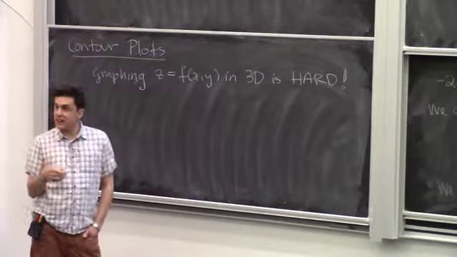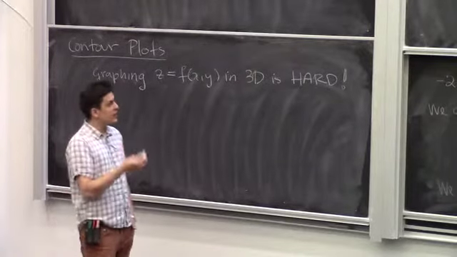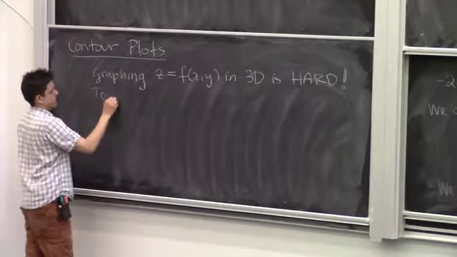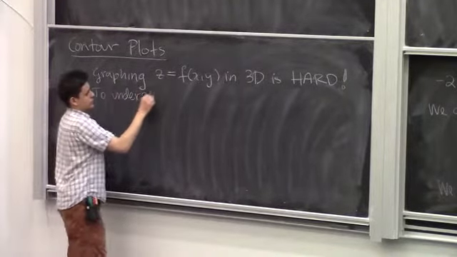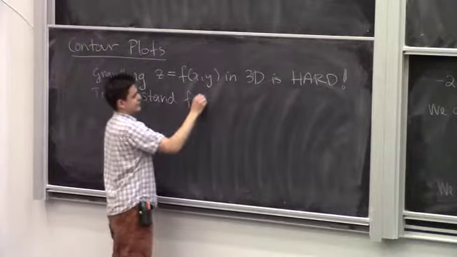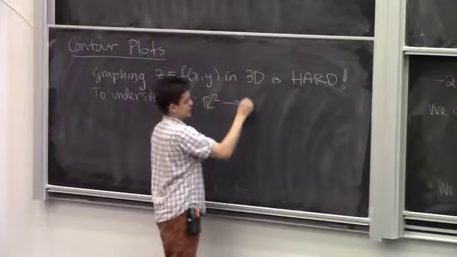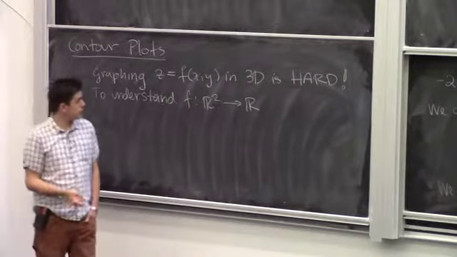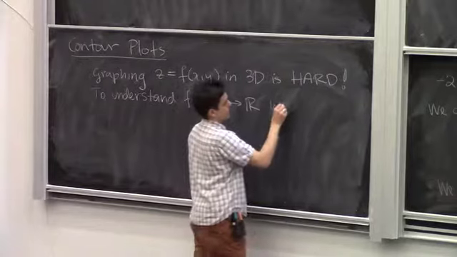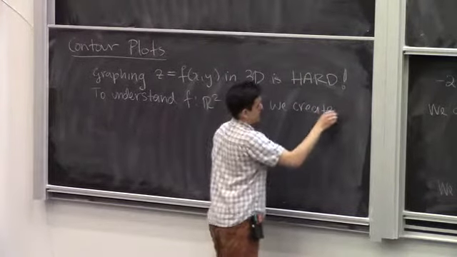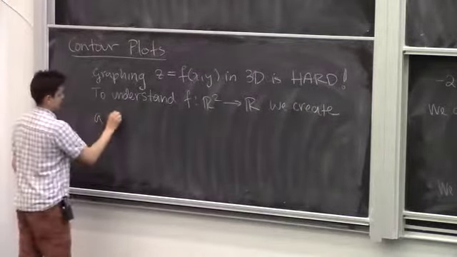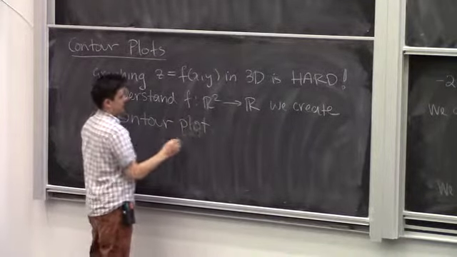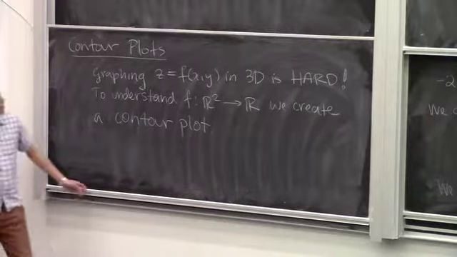So one technique that we can use to understand 3D graphs is the following. Okay, so to understand a function with 2 inputs and 1 output, we create something that we call a contour plot.